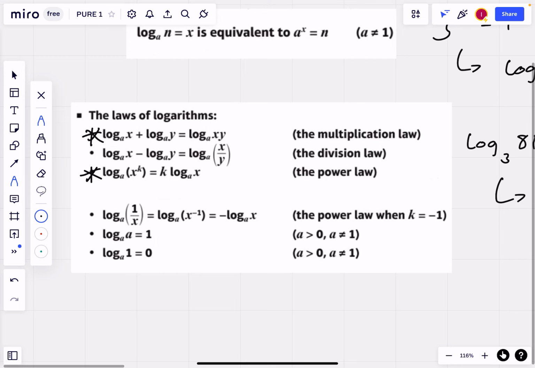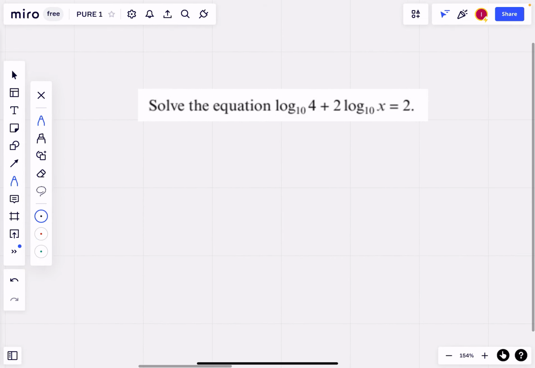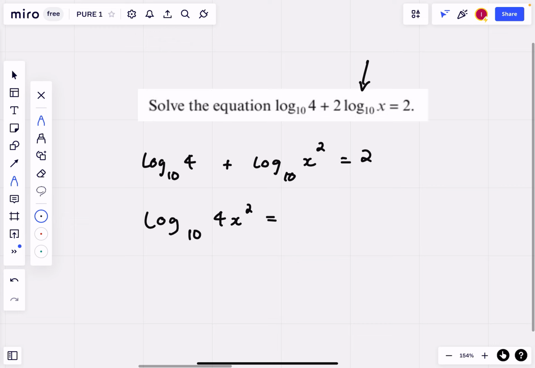Let's start with the power law: log 10 of 4 plus log 10 of x squared equals 2. Now I can use the multiplication law: log base 10 of 4x squared equals 2.